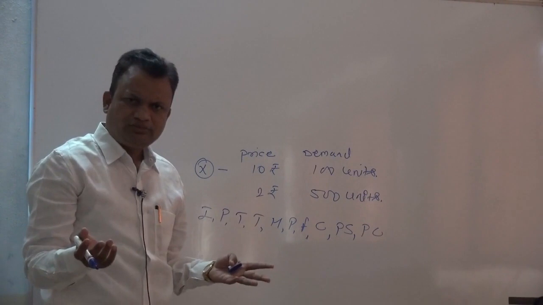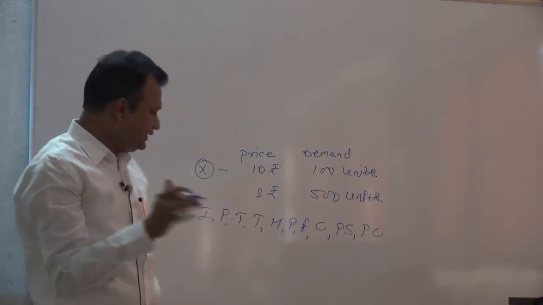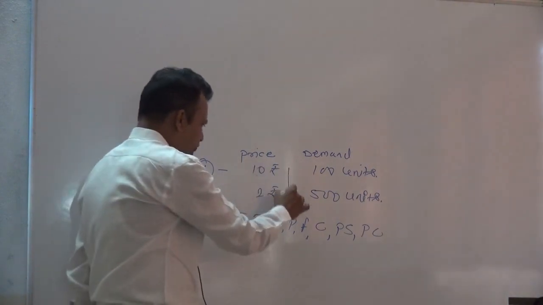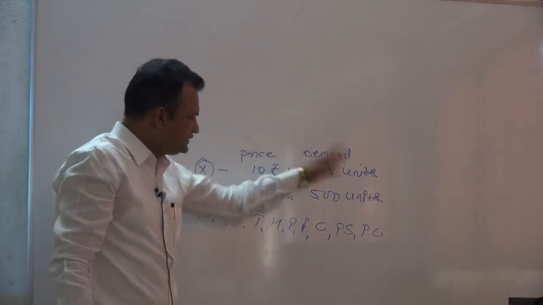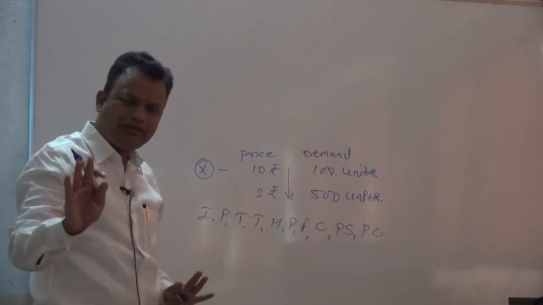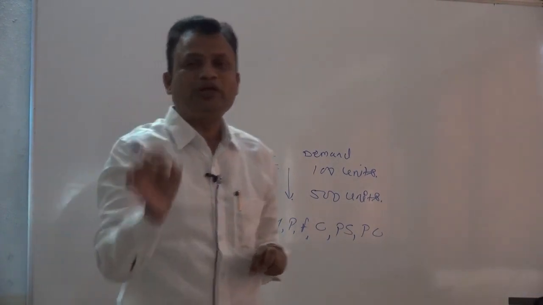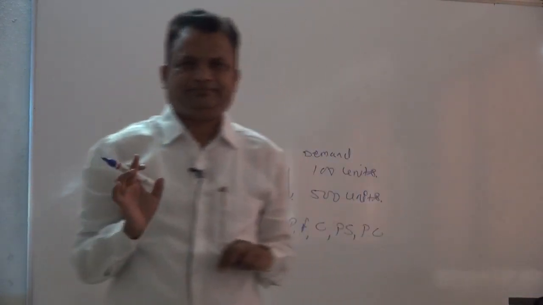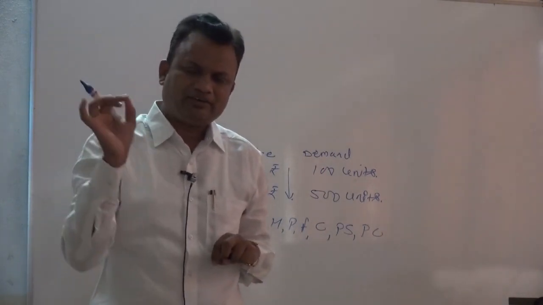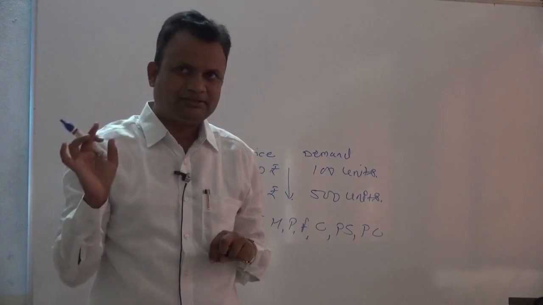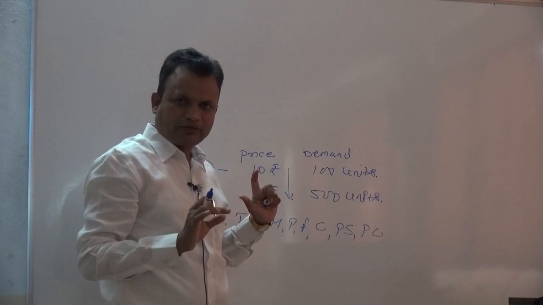If all these factors remain constant, and at the same time there is a reduction in price of the product, if demand rises, there is said to be expansion. So due to only a fall in price, if demand rises, other factors remaining constant, there is said to be expansion of demand.